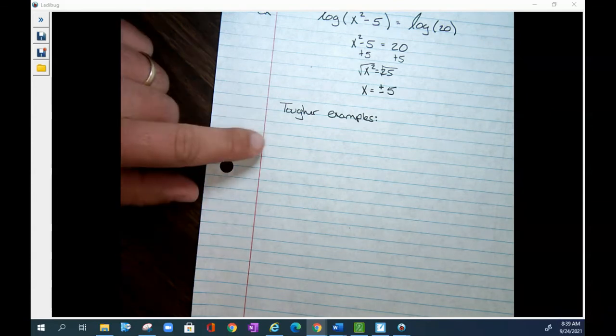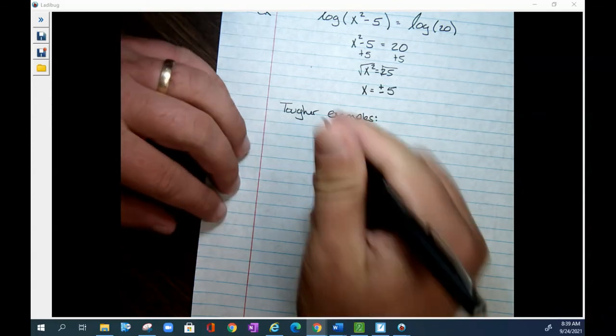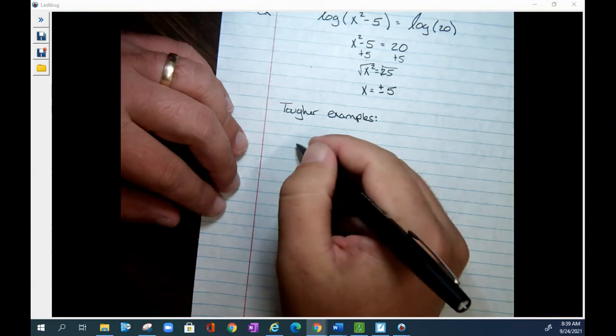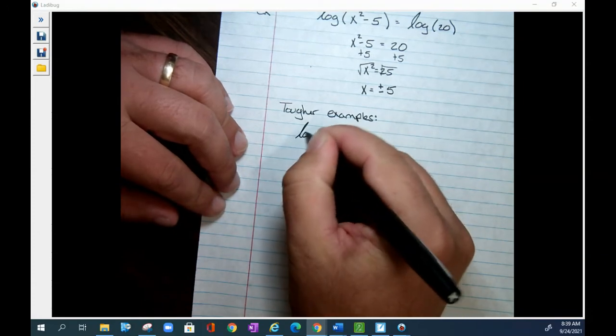So let's start off with something that's not too wild. I'm going to have to kind of make these up as I go because I don't have any here.